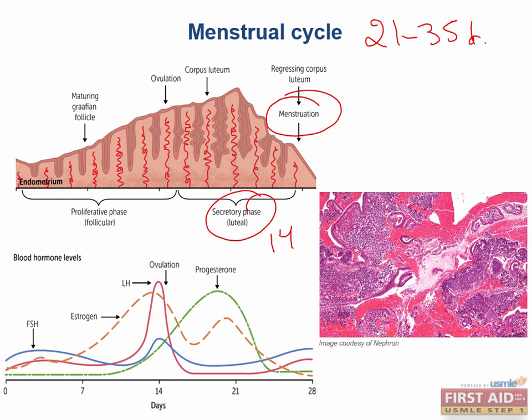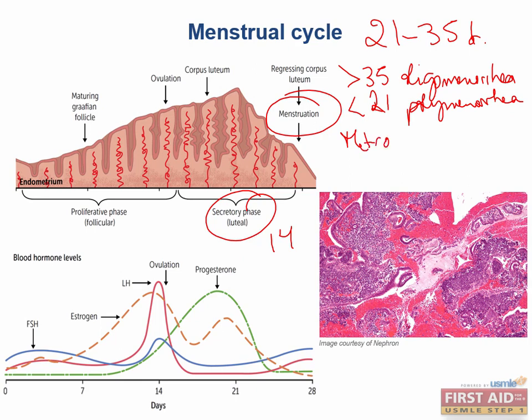So, what if the cycle is longer than 35 days? Well, then that is called oligomenorrhea. All right. If the cycle is less than 21 days, then it's referred to as polymenorrhea. All right.